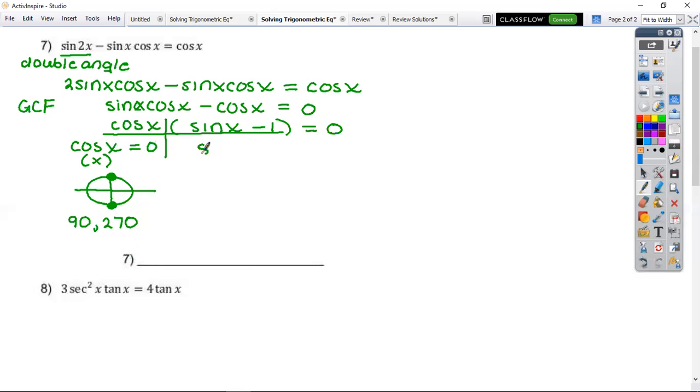So other side, I have sine of x is equal to 1, which is okay. You just cannot exceed 1. Sine of x is going to be your y coordinate on the unit circle. Where's the y equal to 1? 90. Let's say we already have it. All right, so these answers are just 90 and 270.